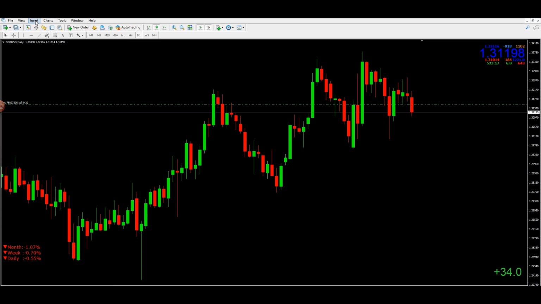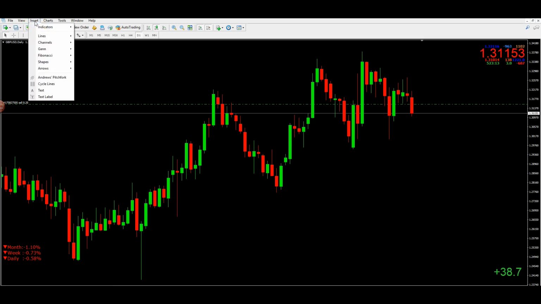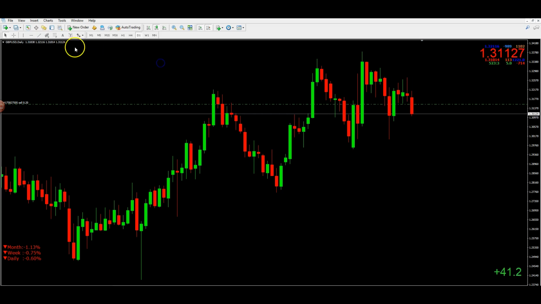You go to the insert tab, and basically go down to channels and choose Equidistant Channel. Otherwise, you probably already have it on there. You just choose it there, and you draw it on your chart.